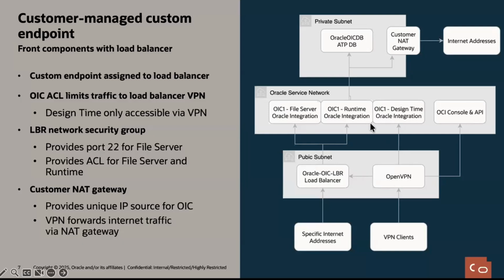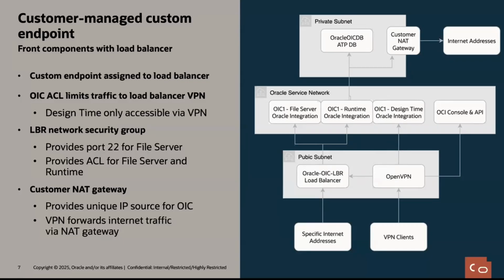I've added, in addition to the load balancer, I've said any traffic that comes from my own VCN, I'm going to allow access to the runtime, the file server, and critically, the design time. The design time will never see traffic from the load balancer because it's not a custom endpoint. But you can restrict the traffic to say only accept traffic from the local network.